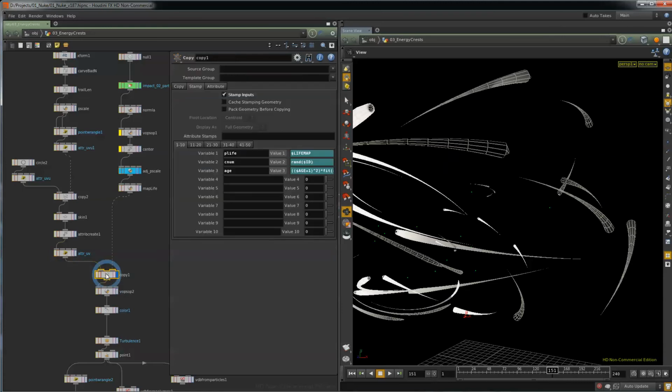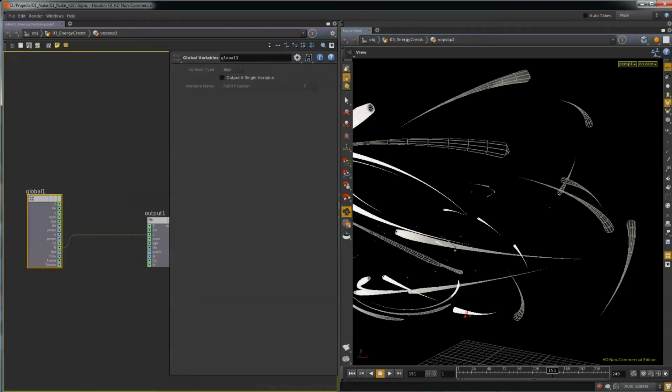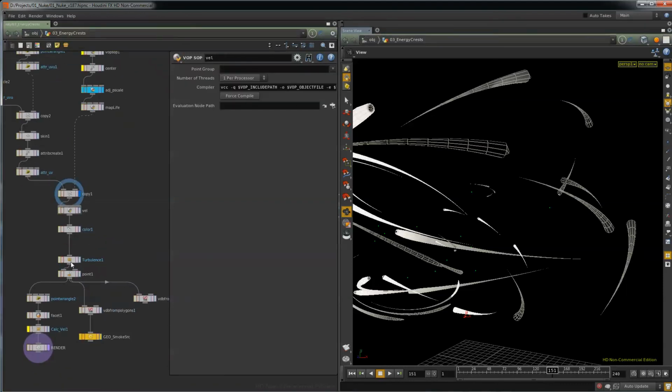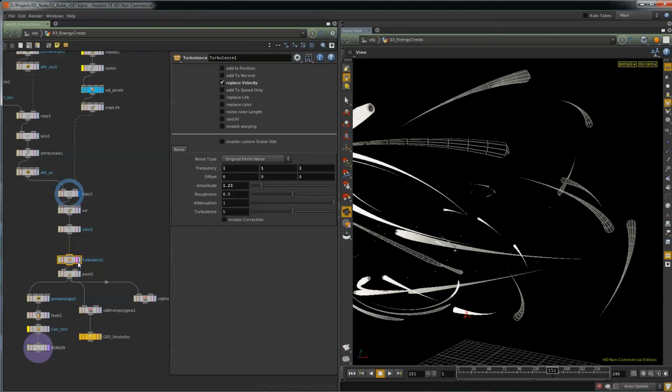So there's a fair amount of stuff. This was one of the more complicated copies that I've done, but it shows you really what Houdini can do. And here's the velocity. Then I add some turbulence on it, just from the noise. What this did is motion blur them just a little bit differently.